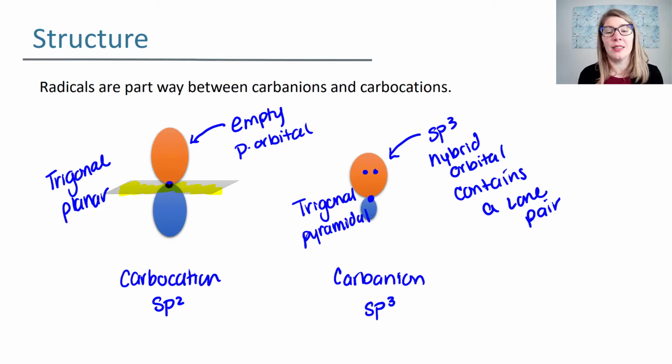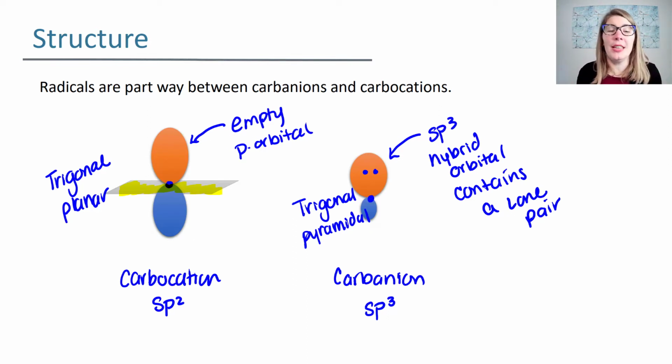What that means is we have a different bond angle. And the atoms that are connected to this sp3 hybridized carbon, which I haven't even drawn, are going to be not all in the same plane, but kind of slightly downward, or they could be slightly upward.